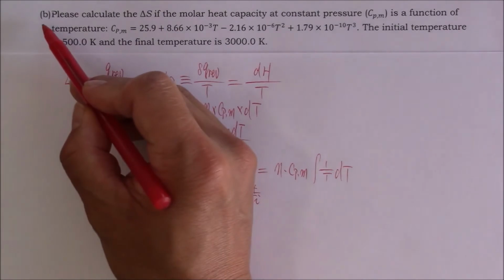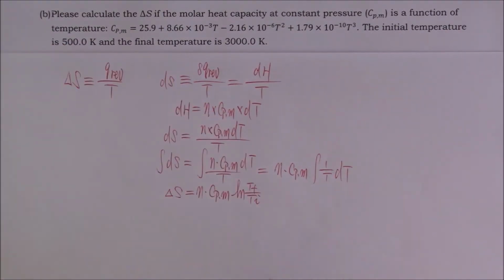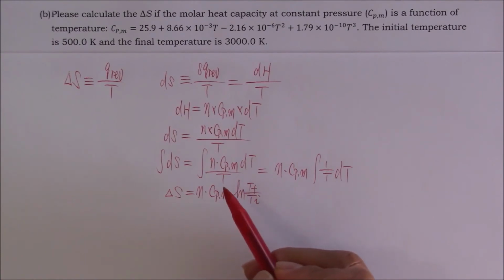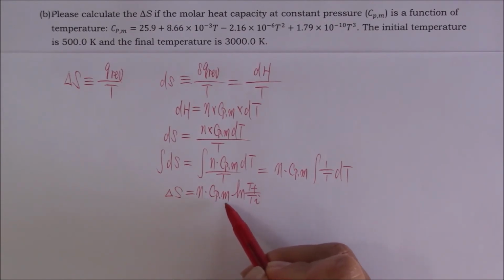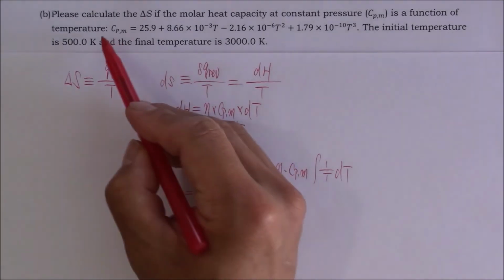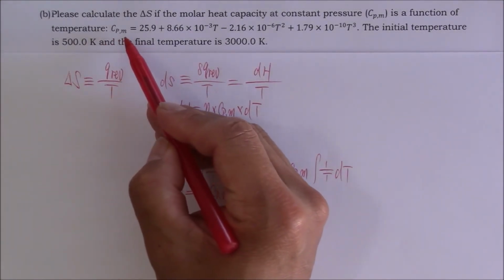Now let's look at part B. When we calculate part B, we cannot use the equation we derived from part A, because in part A, when we derived the equation, we assumed that Cpm is independent of temperature. But for B, Cpm is a function of temperature.